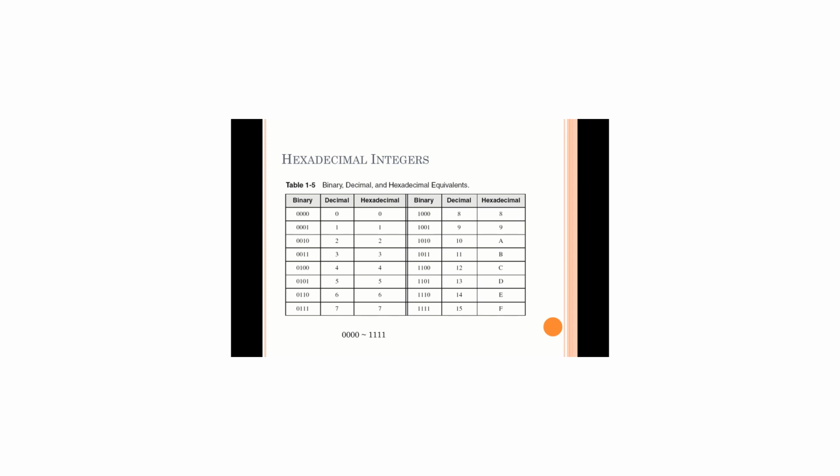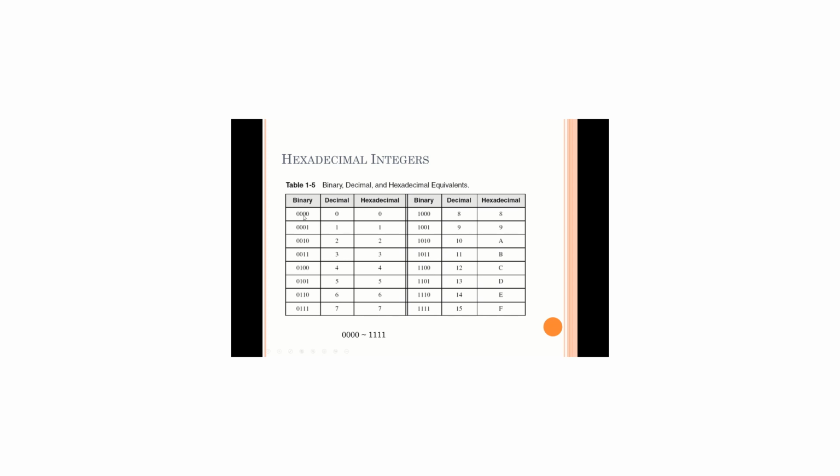So hexadecimal: hex means 6, decimal means 10, so it's a base 16 number system. If you look at the binary, and the decimal number here is just for reference, right? Pay attention especially to binary and hexadecimal.